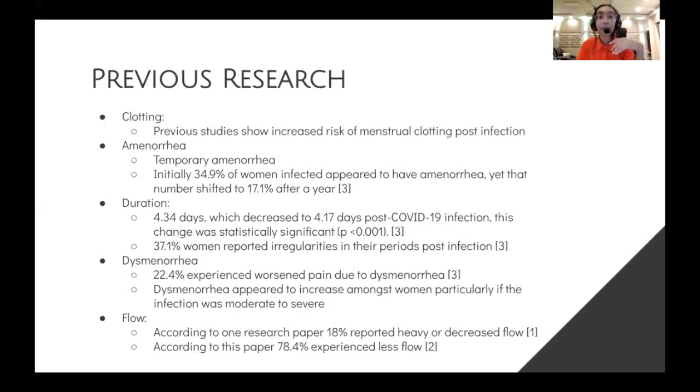So, for example, previous research shows that you have an increased risk of menstrual clotting post-COVID-19 infections. Apart from this, dysmenorrhea has possibly increased post-COVID-19 infections. One study suggests that 22.4% of women experienced worsened pain of dysmenorrhea post-infection.